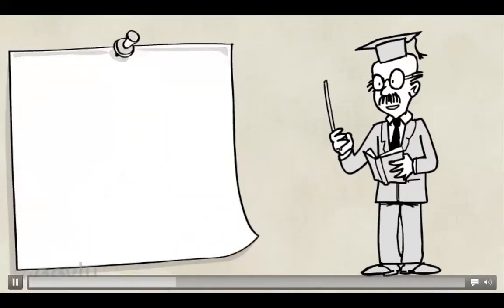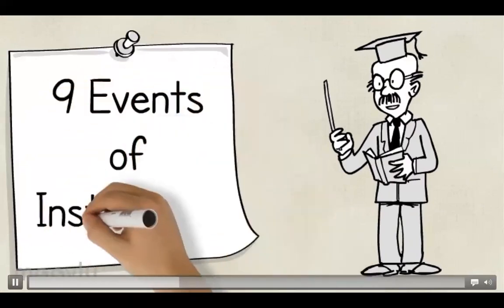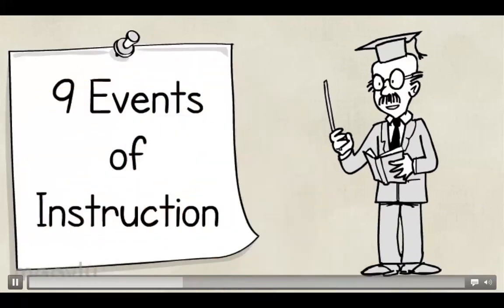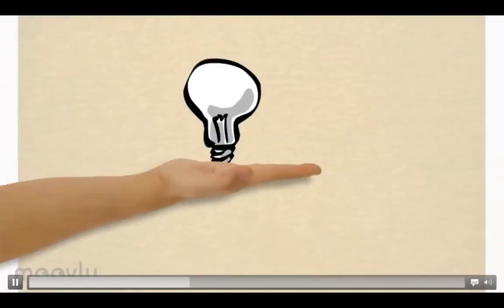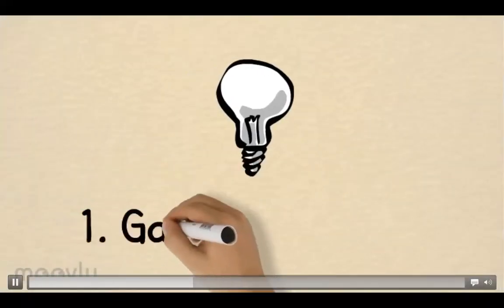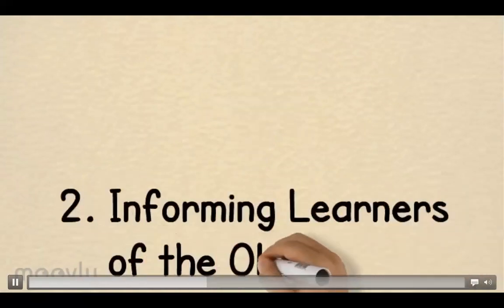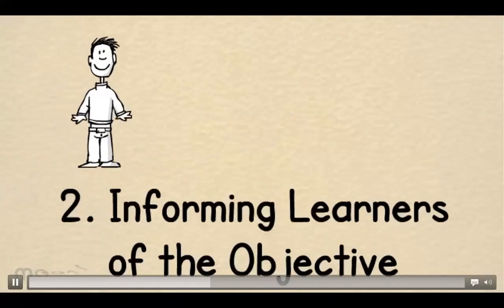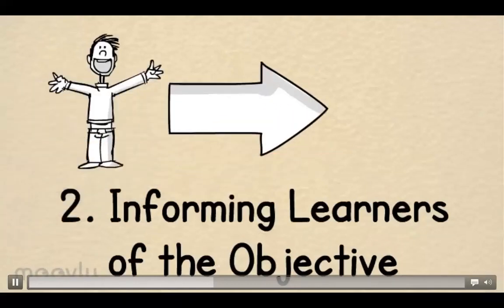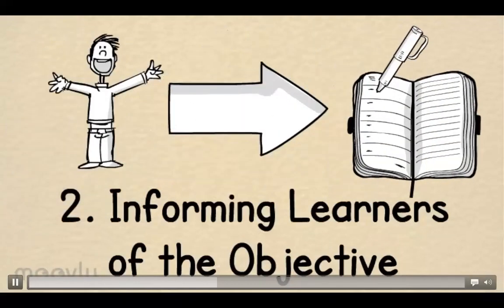Gagne also goes on to outline 9 events of instruction, which he states are events external to the learner that support the internal processes of learning. The first of these is to gain attention. This is a stimulus of some sort to begin instruction, such as a story or connecting with the learner's own experiences. Informing the learner of the objective is telling the learner what they'll be able to do at the end of the instruction.